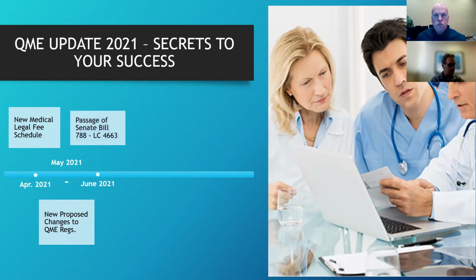In June, we saw the momentary passage, and I say momentary because it was very quickly vetoed, of Senate Bill 788. Senate Bill 788 was a revolutionary new law that passed through the Senate and found its way onto the governor's desk. And the governor, for whatever reason, just vetoed it about 3 weeks ago.